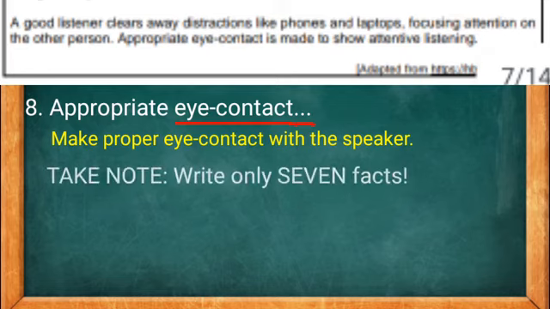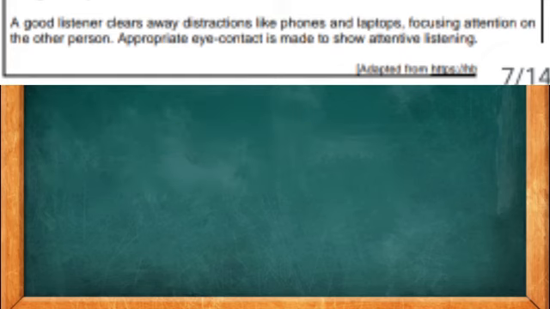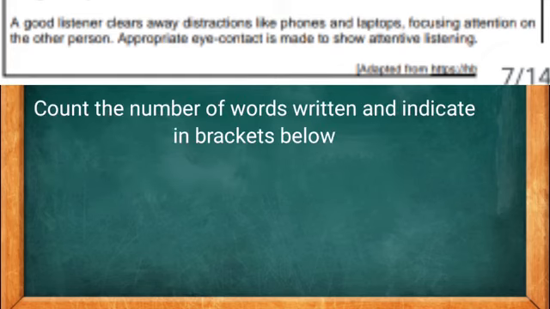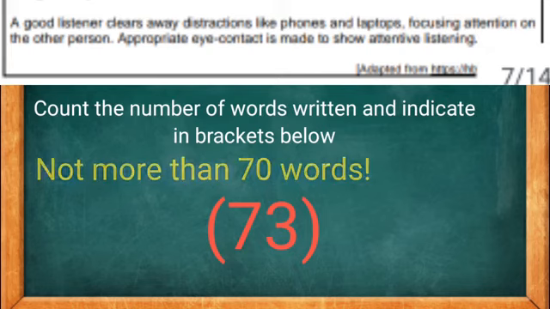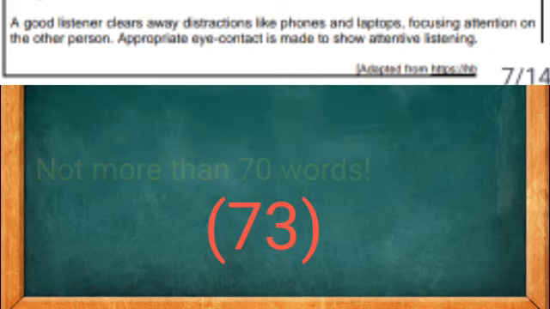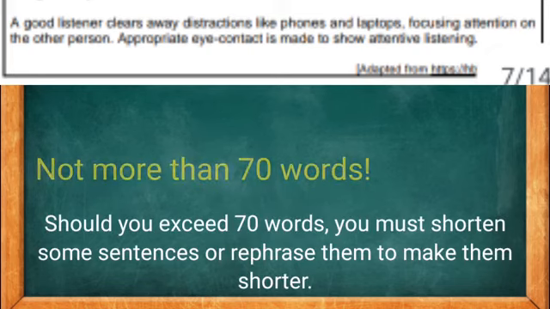Now, after writing all my points, I'm going to count all the words that I have written and indicate in brackets the total number of words. Maybe you ask me, what if I have exceeded 70 words? Since I've exceeded the number of words by 3 words, I need to shorten any point or any fact among these 7. So let me revisit the first one.